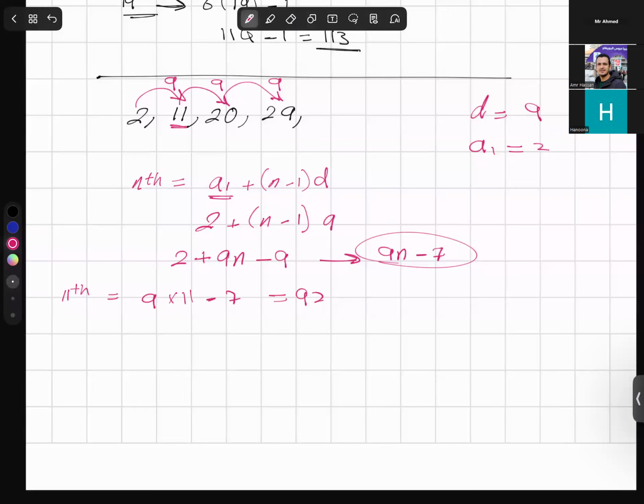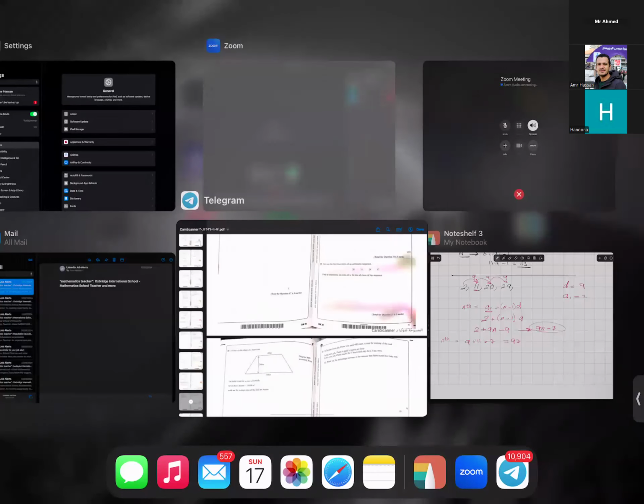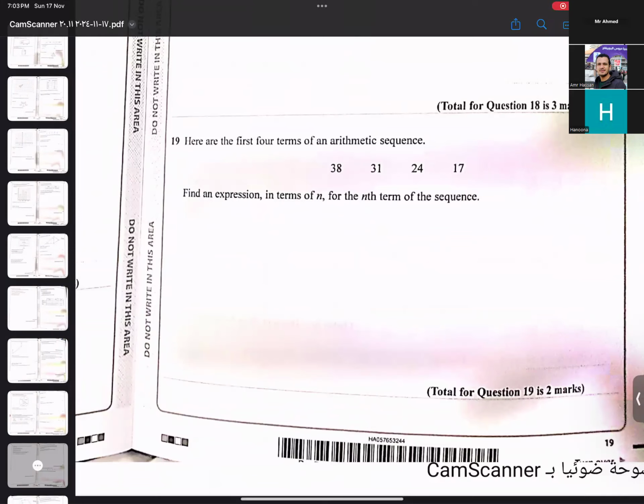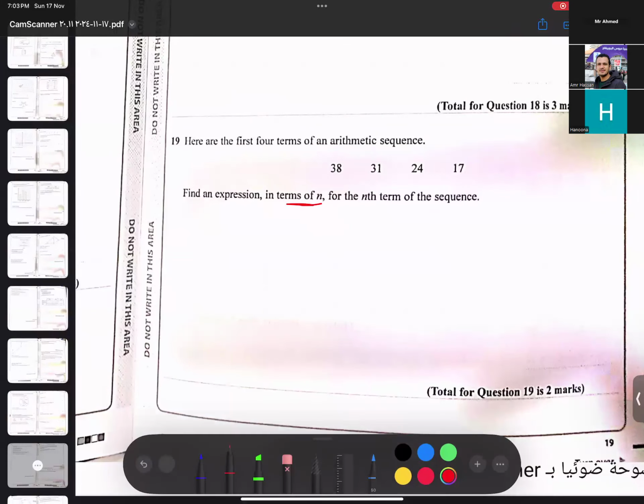I need to share a question with you, and I need you to figure this one out on your own. I have been asked to find the expression in terms of n for the nth term of the sequence. This one is decreasing, right? Because it was 38, then 31.